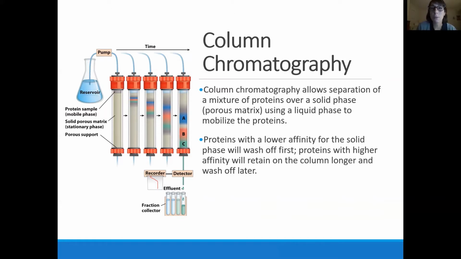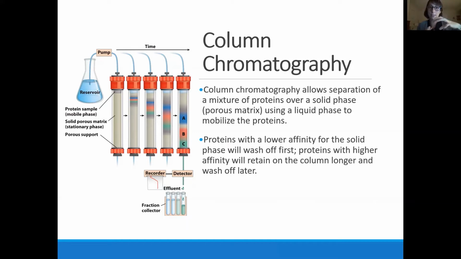Here, I want you to remember the properties of chromatography that we learned in organic chemistry. Proteins that are more alike to the solid phase will move slower. They'll stick to the solid phase. And proteins that are more alike to the liquid phase will move faster. They'll move with the liquid phase.